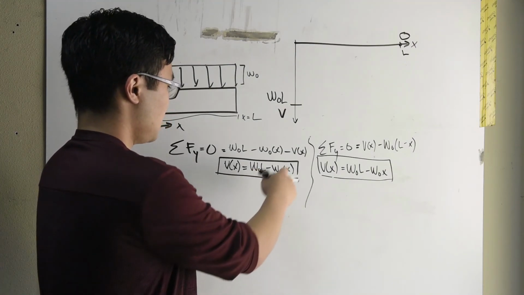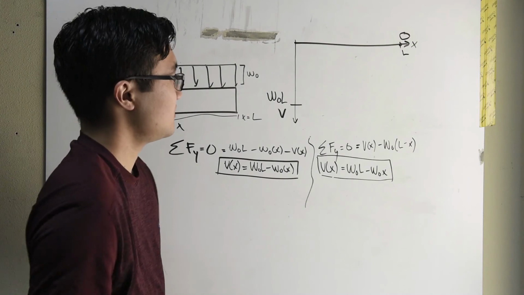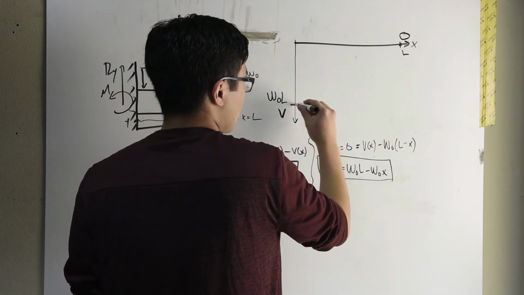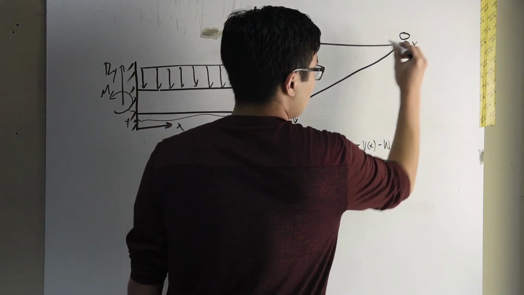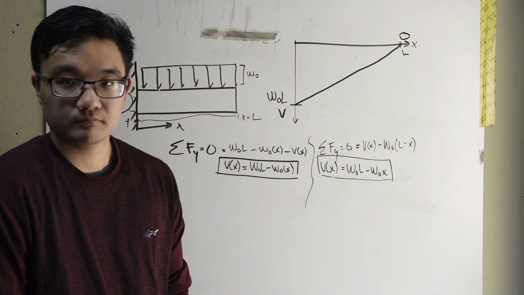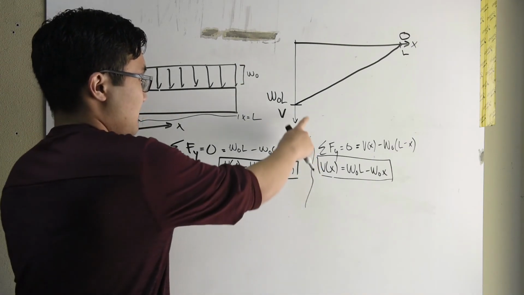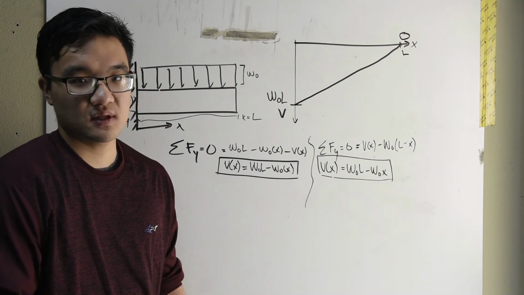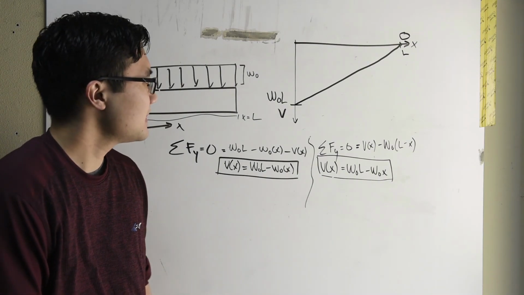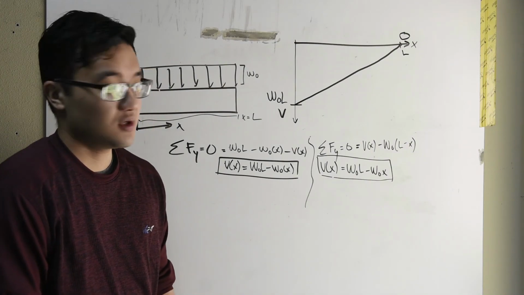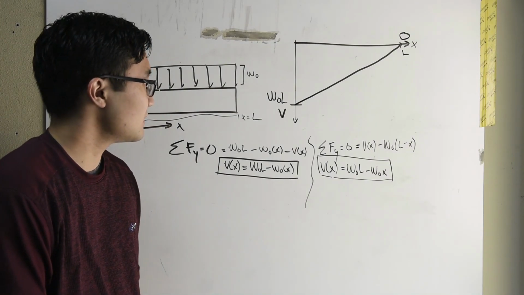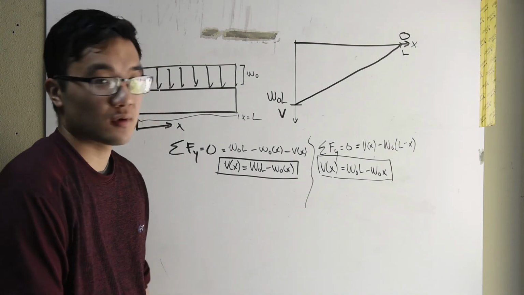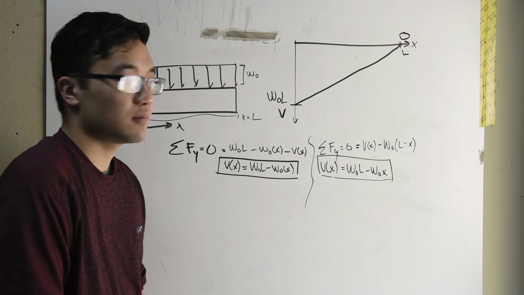And it's going to decrease by a set amount all the way out to x equals L. So our shear diagram simply looks like that. And what that tells you is that the max shear is experienced at the wall, which is typical for cantilever beams, unless you're under some weird loading condition. So there you go. There's your shear diagram, there's your shear force as a function of x for the simple distributed load criteria.